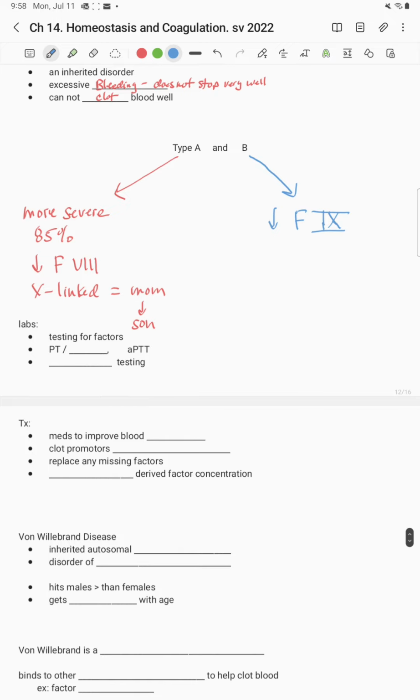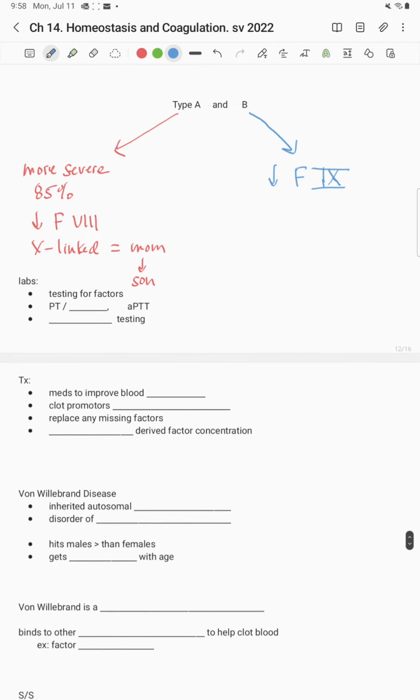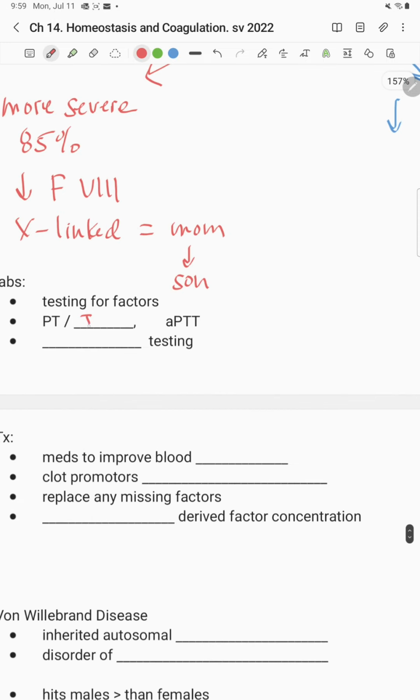Okay, labs. You're testing for the factors. You're going to run the PT, INR, and the aPTT. Your genetic testing.